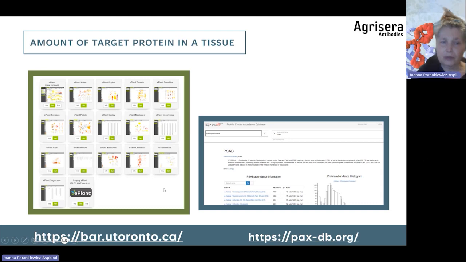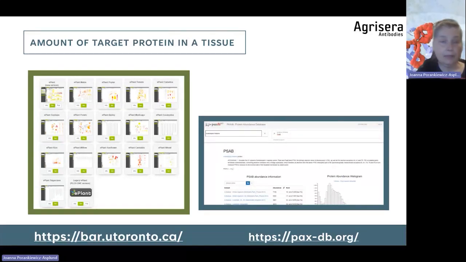And there's also ePlant from the University of Toronto, which covers quite many model species and which gives us expression level on the mRNA level. Of course, mRNA may not completely translate to a protein, but it will give you anyhow an idea of in which organ you will find the most of your target protein.